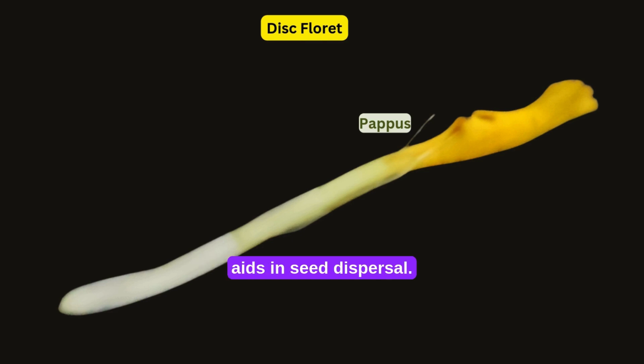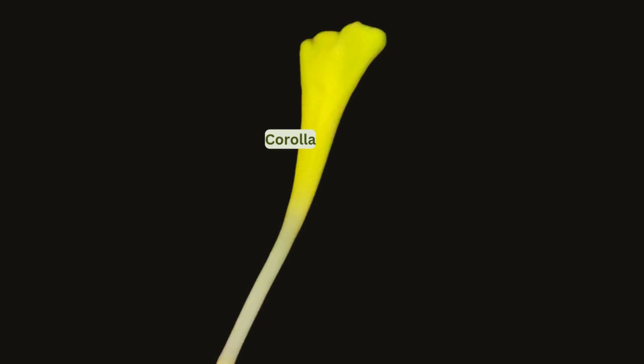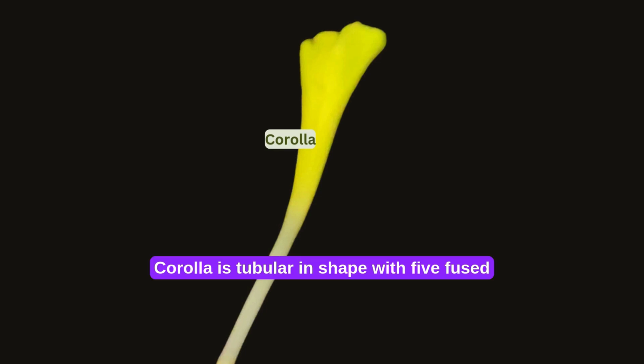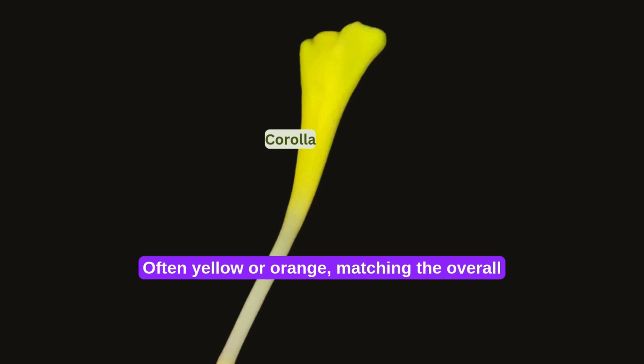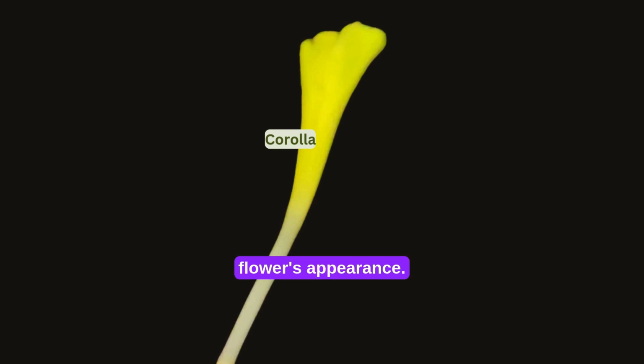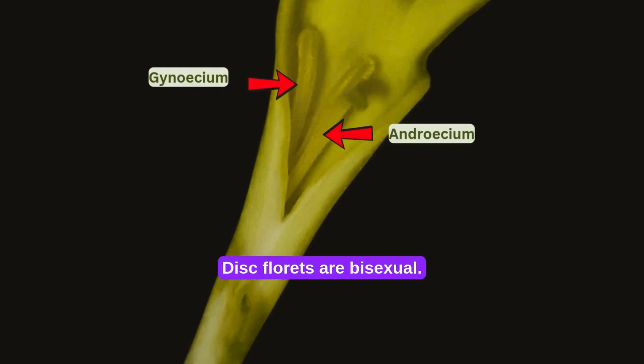The pappus aids in seed dispersal. Corolla is tubular in shape with 5 fused petals forming a regular tube that tapers towards the apex, often yellow or orange, matching the overall flower's appearance. Disc florets are bisexual.